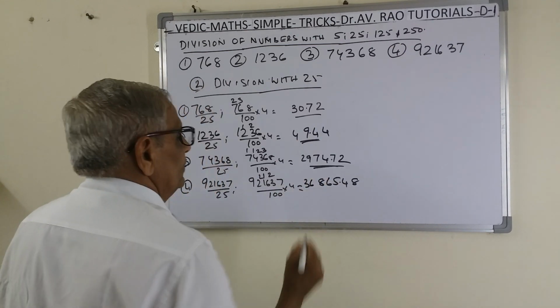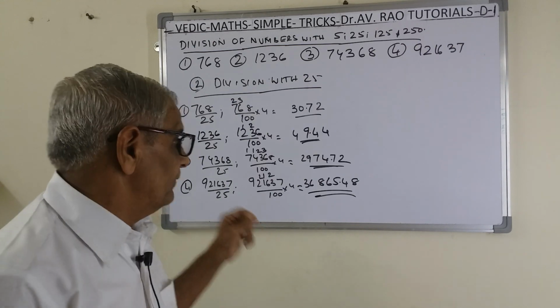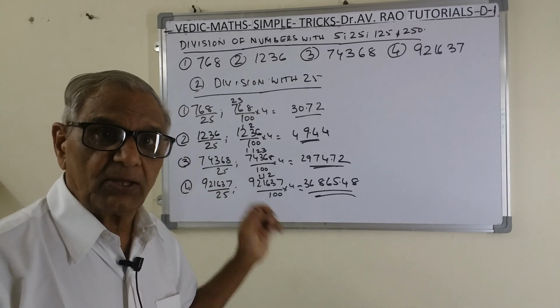So put a dot here. So this is the answer. See friends, how quickly we are getting it. Without carrying out the actual division, we are getting the answer very quickly.